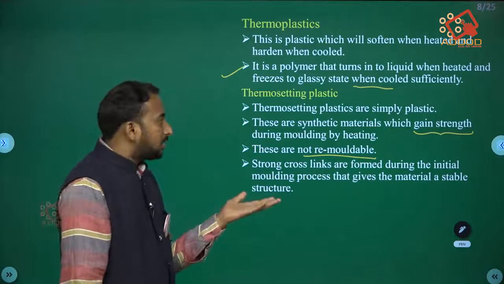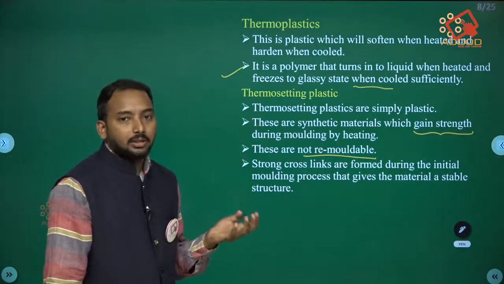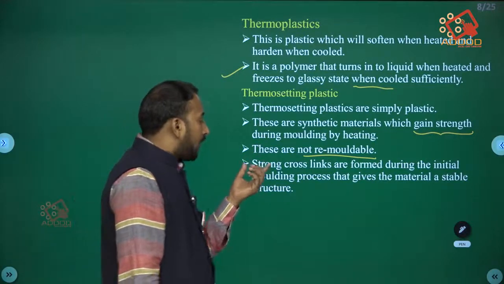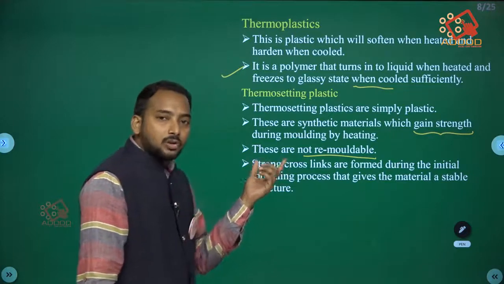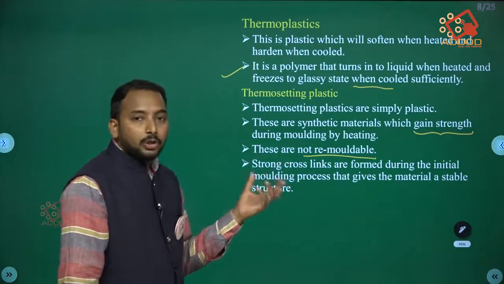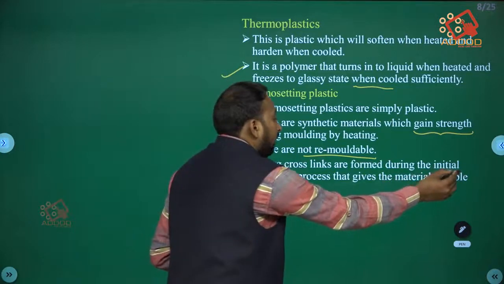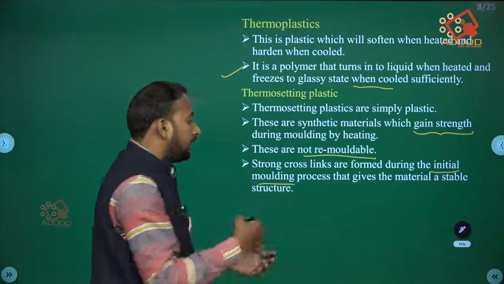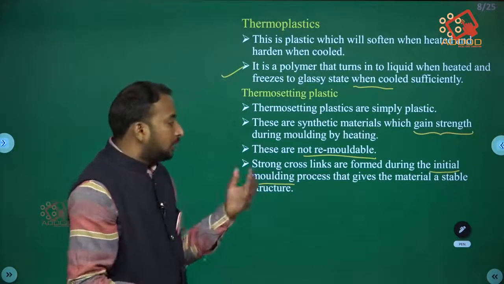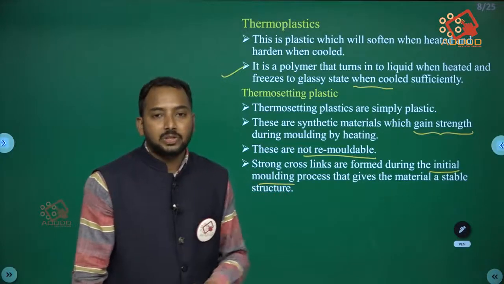When thermosetting plastic materials are heated initially, strong cross links are formed during the initial heat or initial molding process. This gives the material a stable structure.